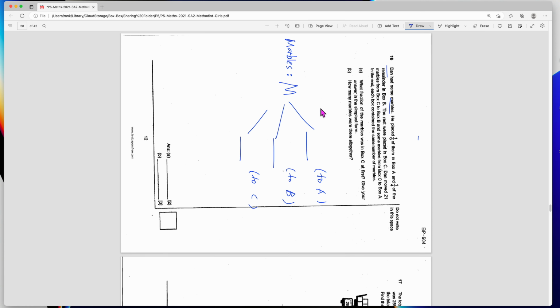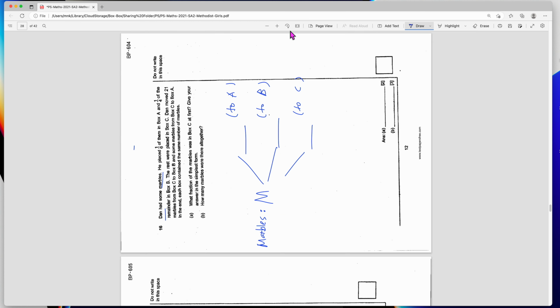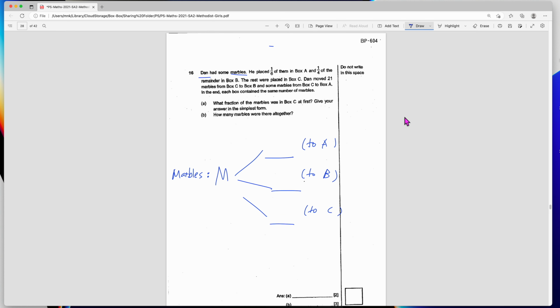So you underline which one? So the box A is which one? Which statement here, right? So this is of box A, right? Yes. So 1/6 of them. What does it mean in mathematics? Yeah? 1/6 of them, right?